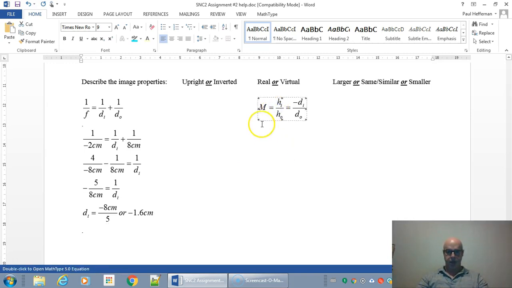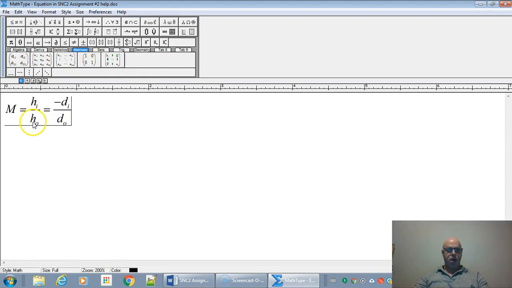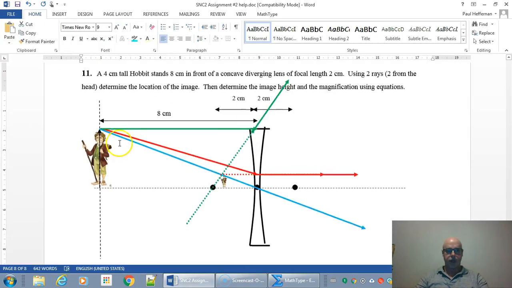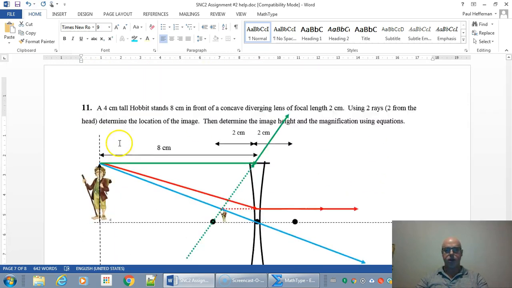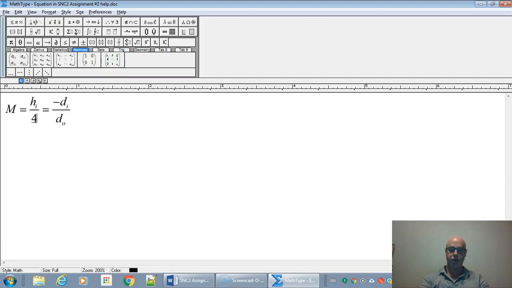Now the other thing we have to do is find the magnification and the image height. We're going to grab the magnification equation and pop in our values. The object height was 4 centimeters.